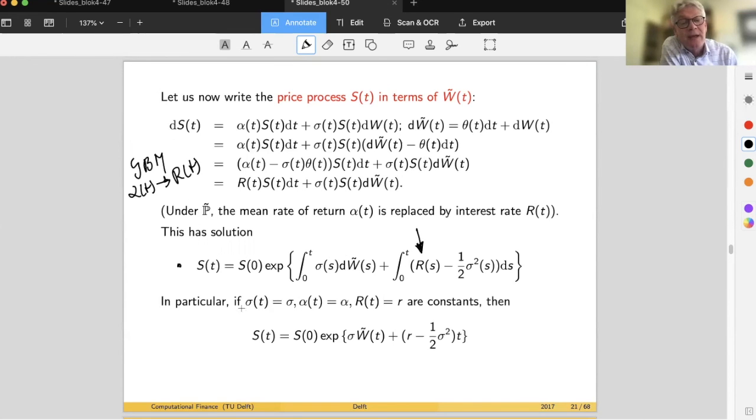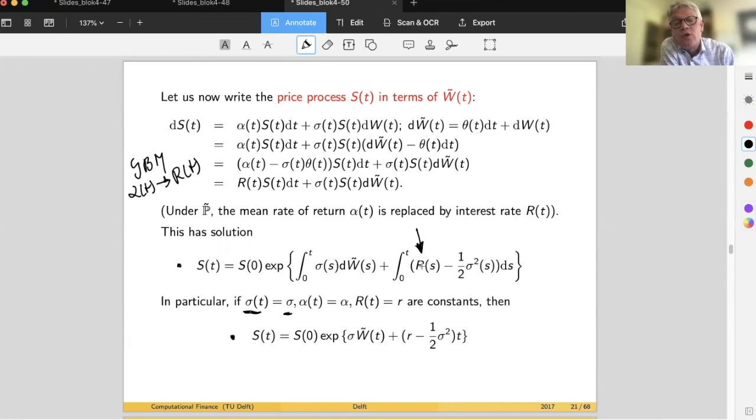And again, as I mentioned, in the Black-Scholes world, when sigma_t is equal to sigma, alpha_t is equal to alpha, and r is just a constant little r, then we are dealing with the following expression: S_t is equal to S_0 e to the power sigma times W tilde_t plus (r minus 1/2 sigma squared) times t.